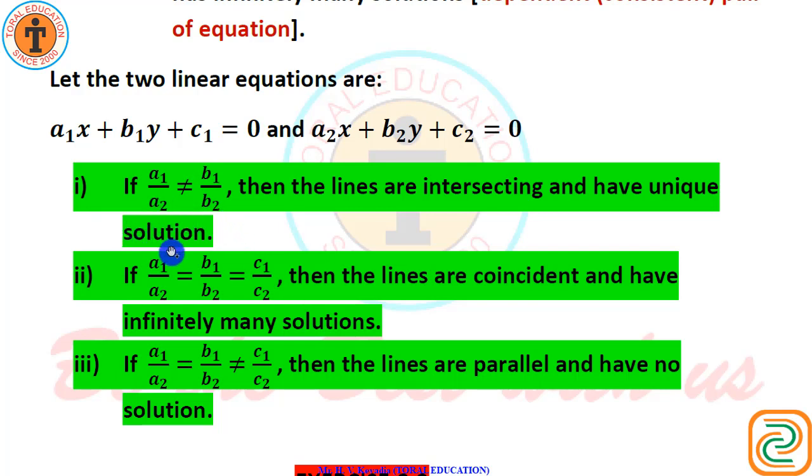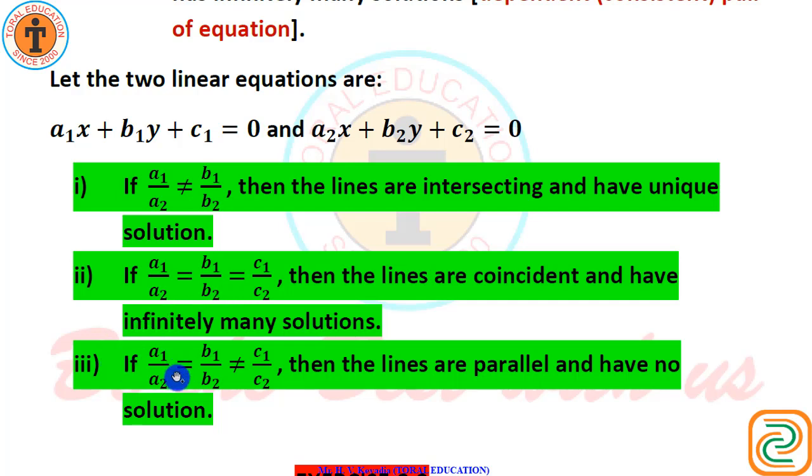If a1 upon a2 equals b1 upon b2 equals c1 upon c2, then the lines are coincident and have infinitely many solutions. That means both the equations represent the single line.